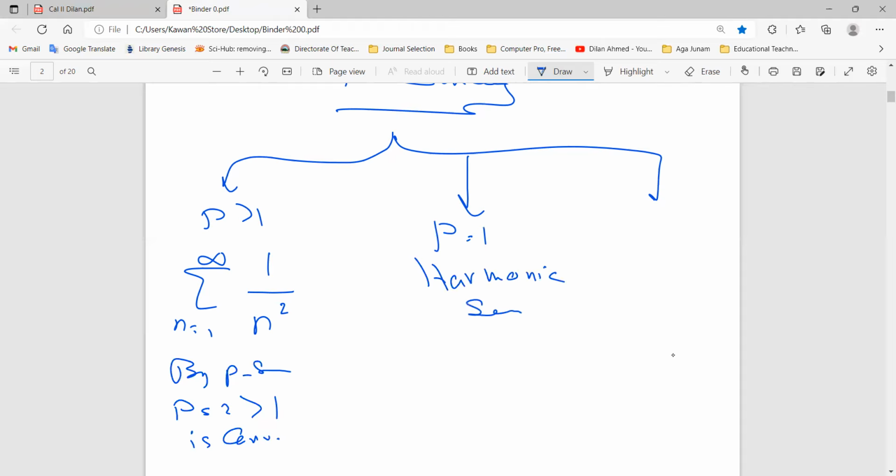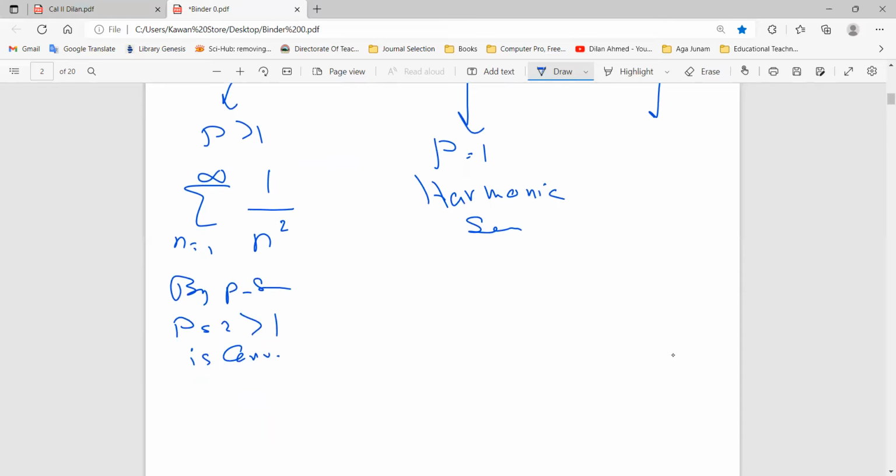So the harmonic series is a special case of the P series. Understood? In that case, the example should be the sum from n equals 1 to infinity, and P is the power of n. And if P is less than 1, again, it diverges.